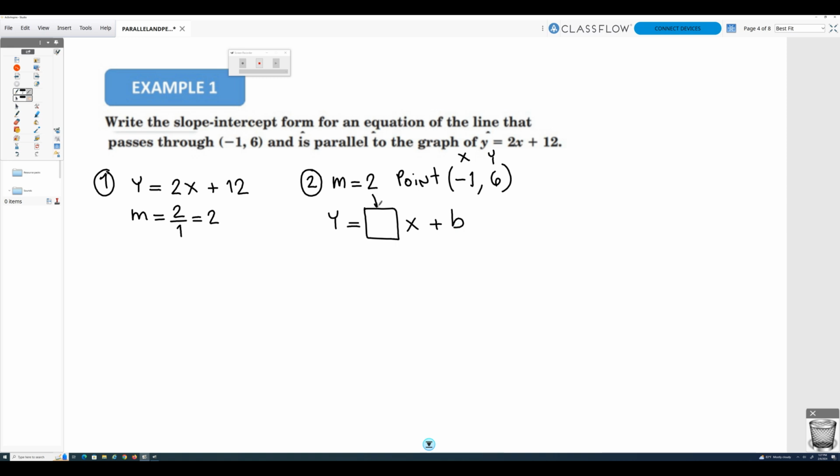Both equations have the same slope of 2, but differ in the y-intercept b.